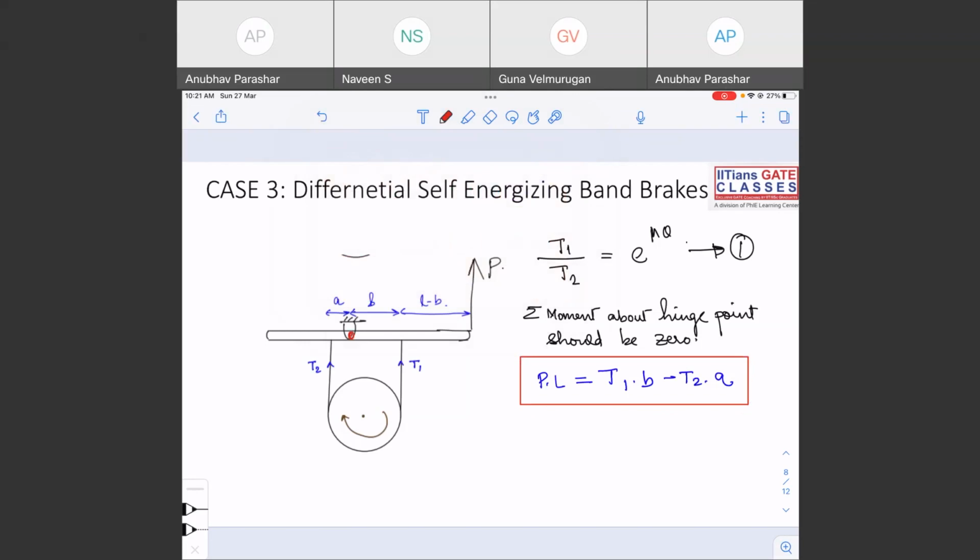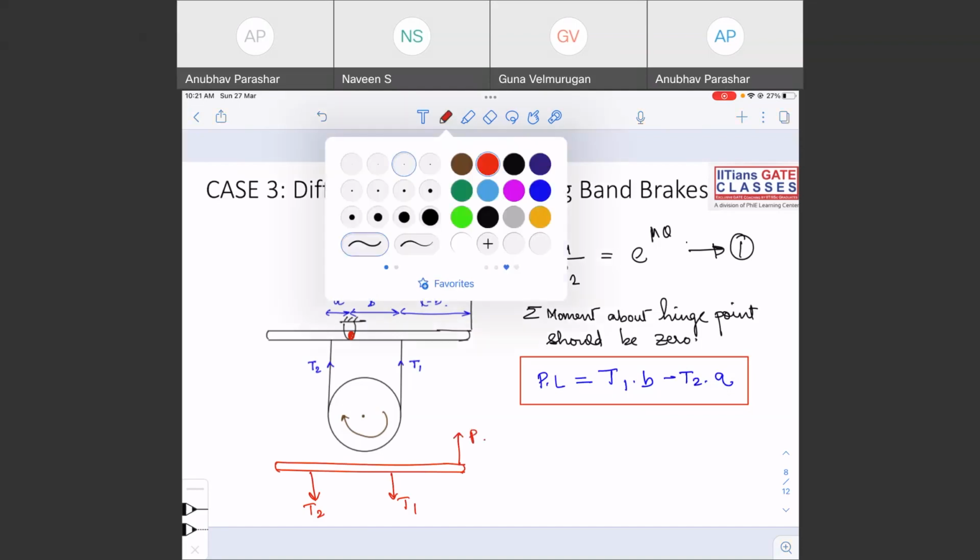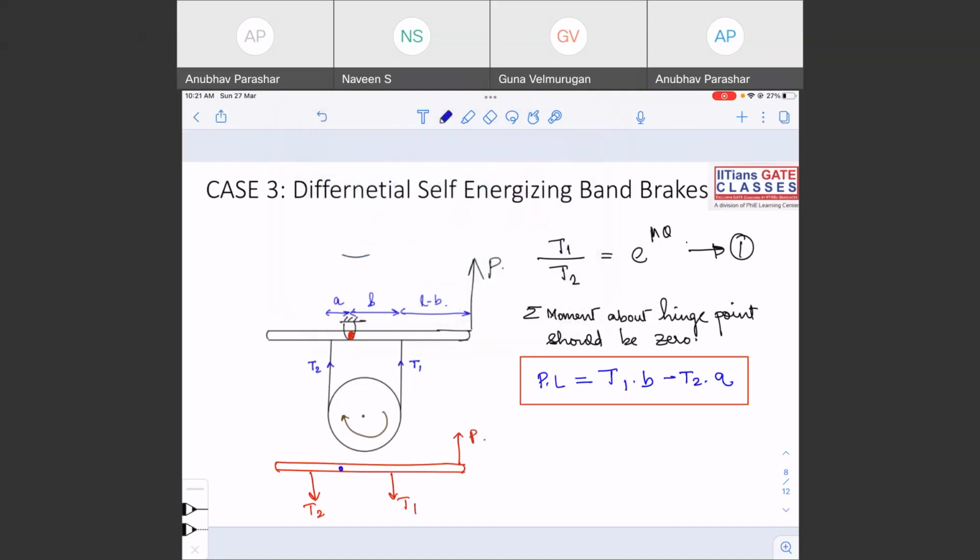Okay, about the hinge point, if you draw the FBD, T2 is in this direction, T1 is in this direction, therefore P is in this direction. So the hinge point is somewhere here.